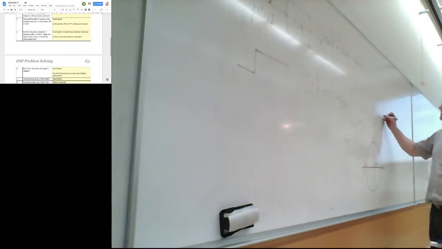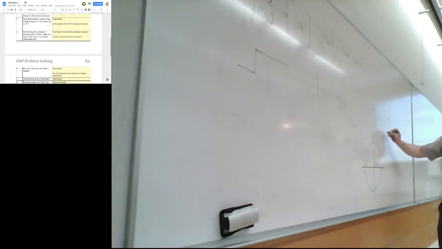I'm a dinosaur kind of guy. So we have the amplitude response, which is the absolute value. Amplitude response or magnitude response, depending on the vocabulary. And then you have the phase response.